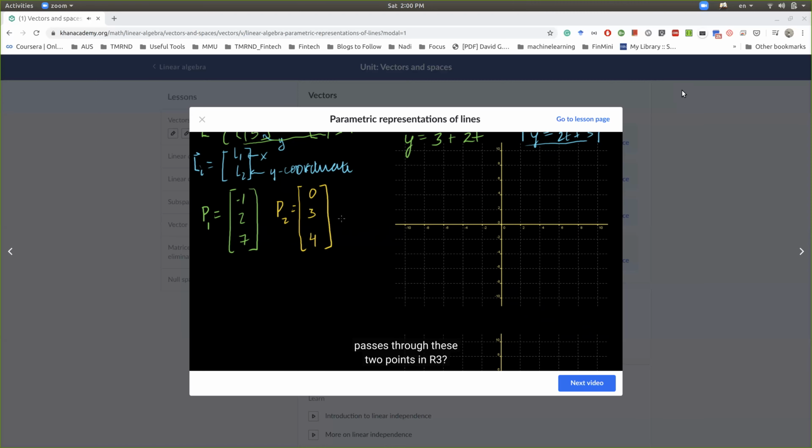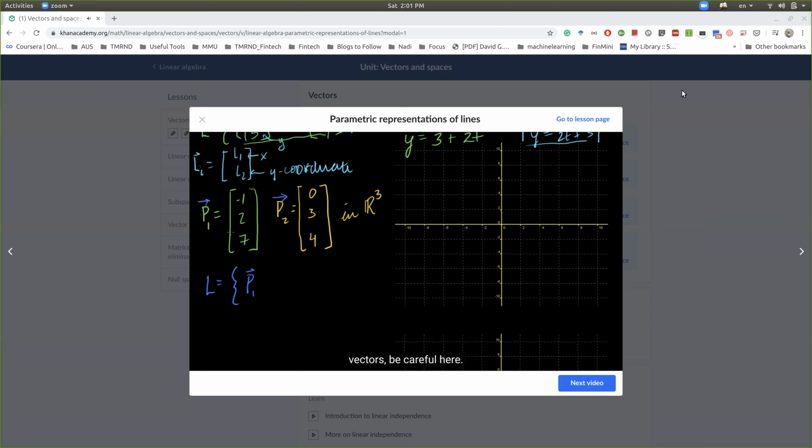So this is in R3. Well, I just said that the set of this line, let me just call this L, is going to be equal to, we could just pick one of these guys. It could be P1, the vector P1, these are all vectors, be careful here.